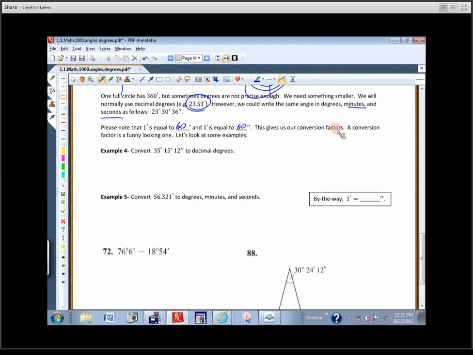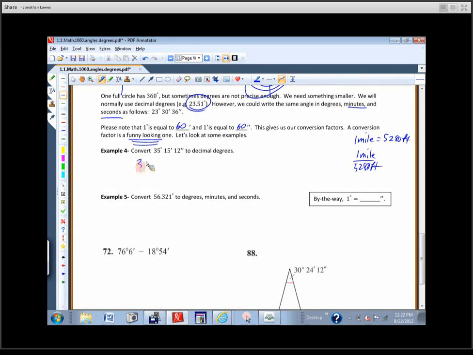And if you haven't been taught this, a conversion factor is just a funny looking one. 1 mile is 5,280 feet. If you have two things that are equal to each other, I can multiply by 1 mile over 5,280 feet to make a conversion.